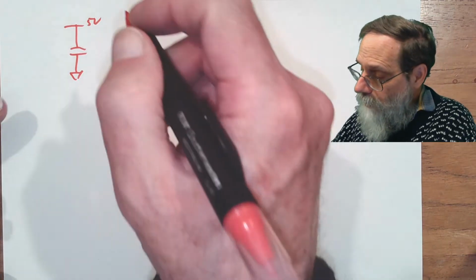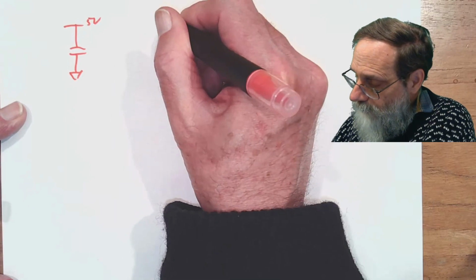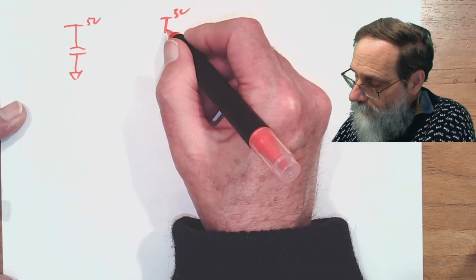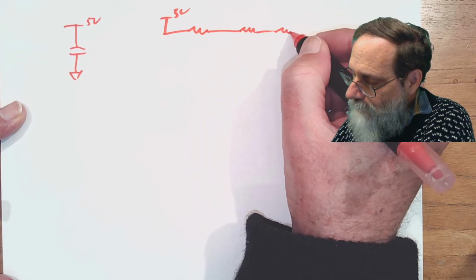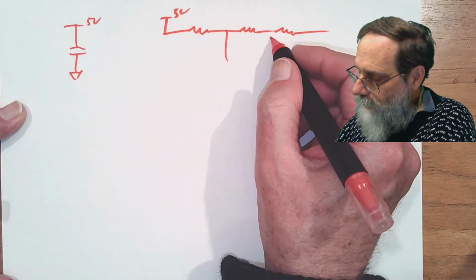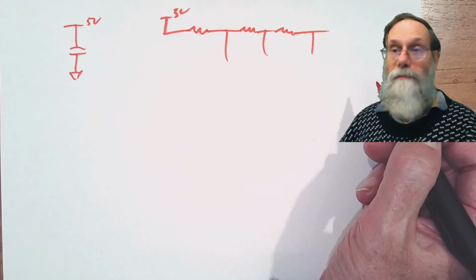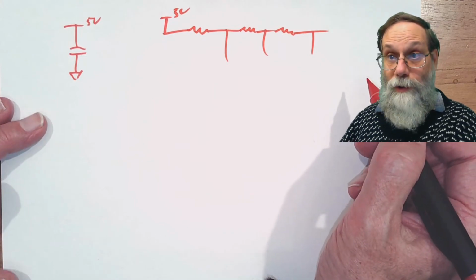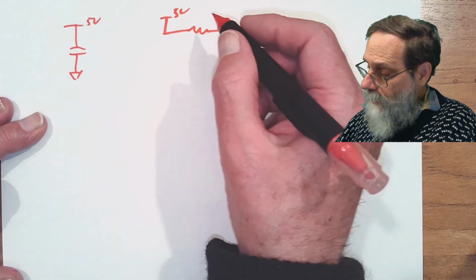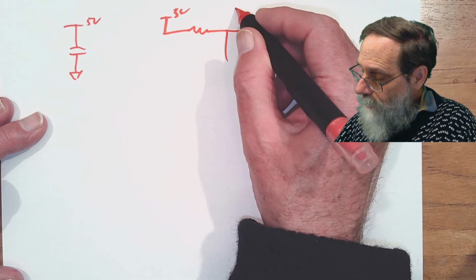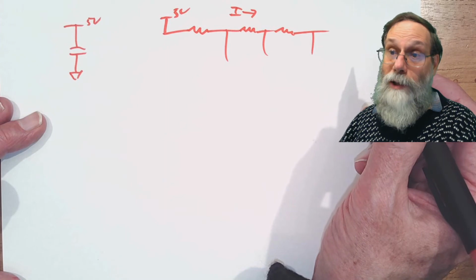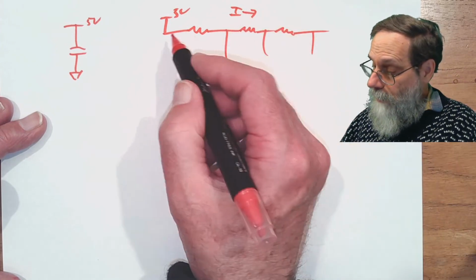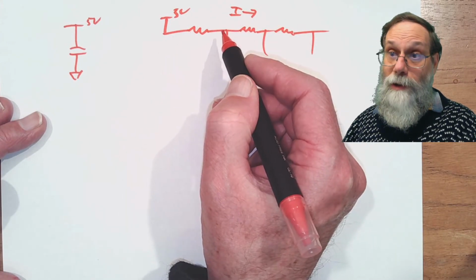So if we've got our 5-volt power supply, and then we've got wiring that's got a little bit of resistance in it, and we're looking at this at various points to drive various parts of the circuitry, well, if the current through here fluctuates, then the voltage drop across the resistors is going to fluctuate.